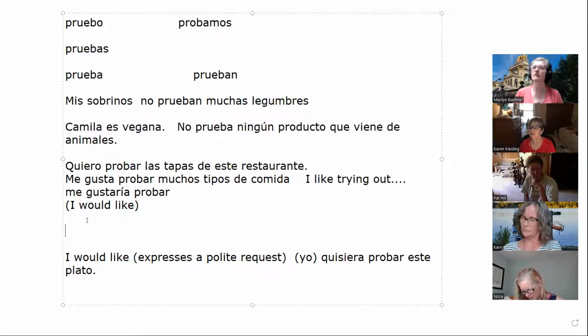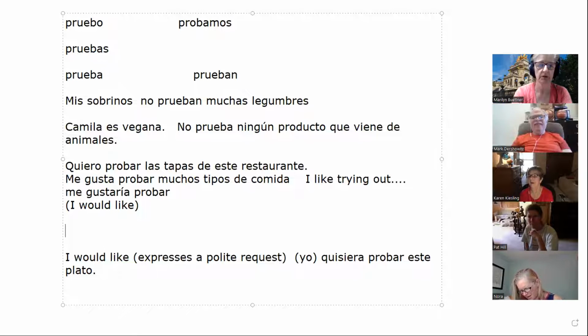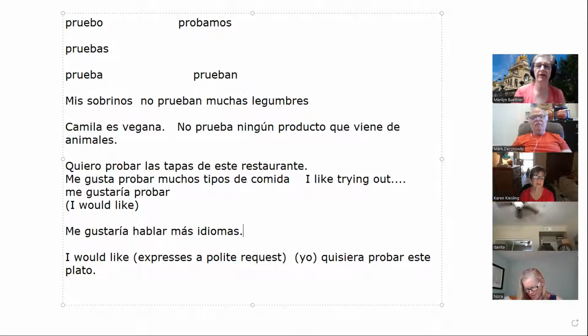I would like to speak two more languages. ¿Sí? Me gustaría hablar más idiomas. I would like to speak more than one language. It's not a request to somebody. It's just saying what you would like to do. We use me gustaría always combined with a second verb, an infinitive of some kind.